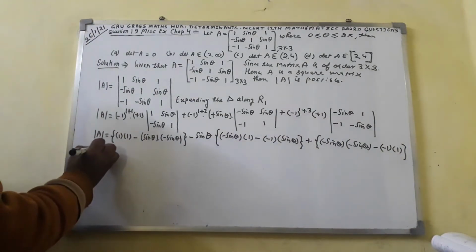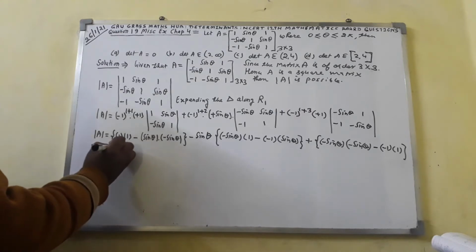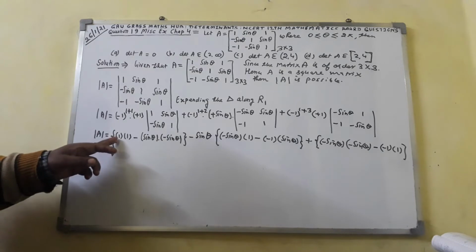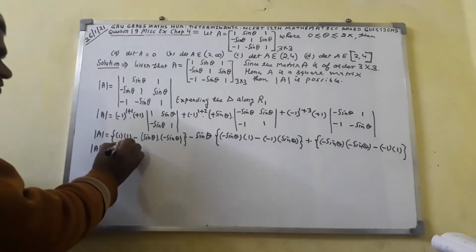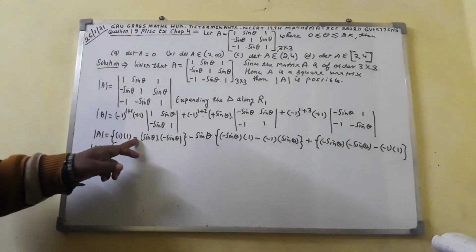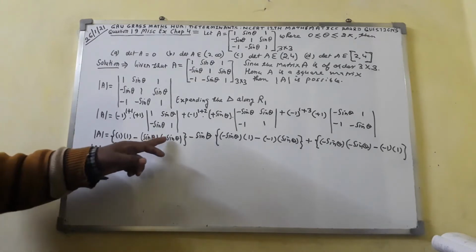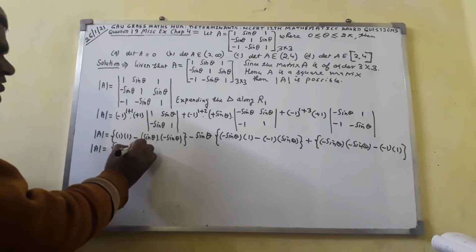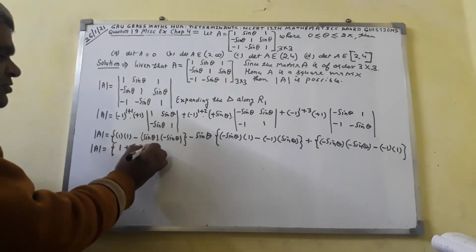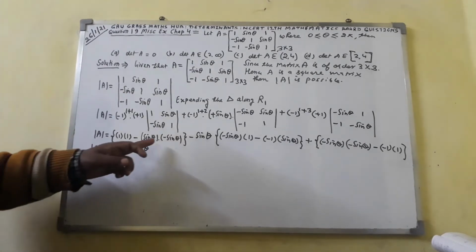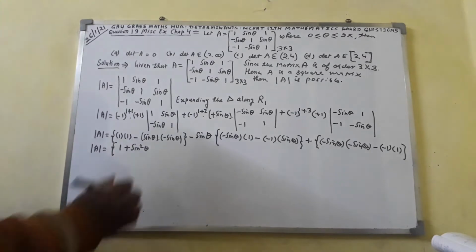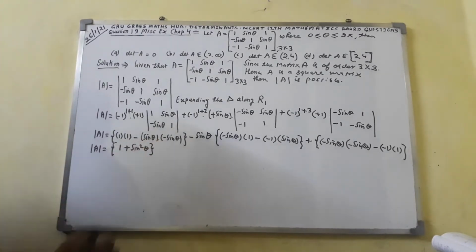Next here I shall write determinant A equal to, open here curly bracket, minus 1 will multiply to 1 comes out to here 1, and this minus will multiply to minus comes out to here plus. Sin theta will multiply to sin theta comes out to here sin square theta. So here you have got 1 plus sin square theta. Curly bracket close.